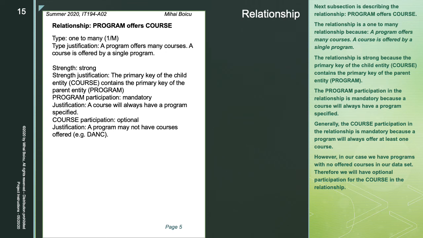The program participation in the relationship is mandatory because the course will always have a program specified. The course participation in the relationship is mandatory because the program will always offer at least one course. However, in our case, we have programs with no courses offered. Therefore, we need to consider course as having optional participation.